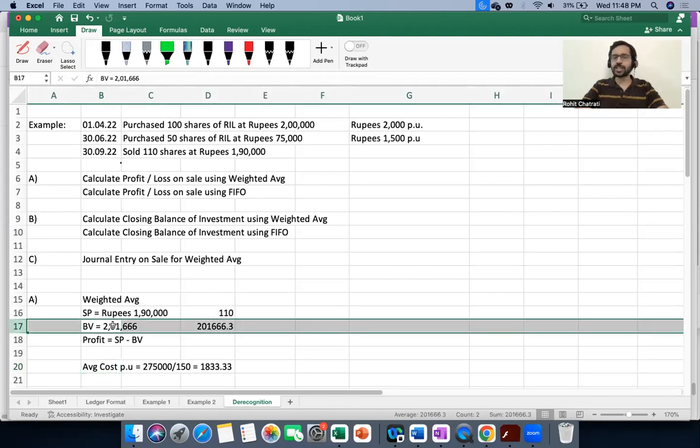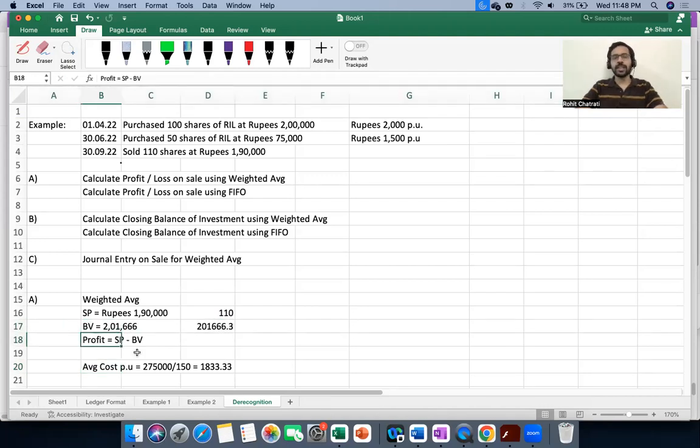For 110 shares, I spent 2 lakh 1,666, and therefore I do not have a profit. I actually have a loss of nearly 11,666.